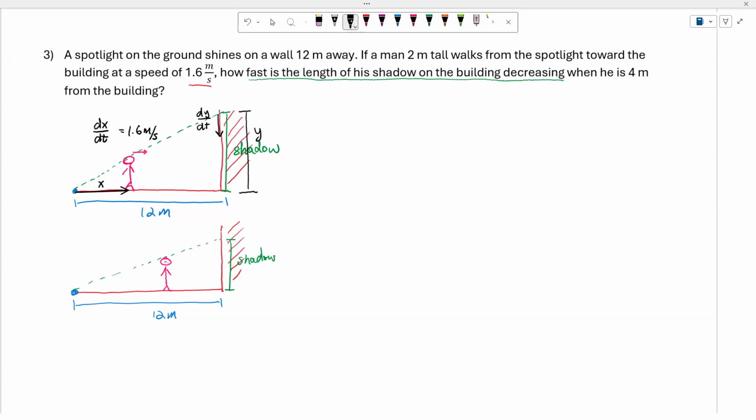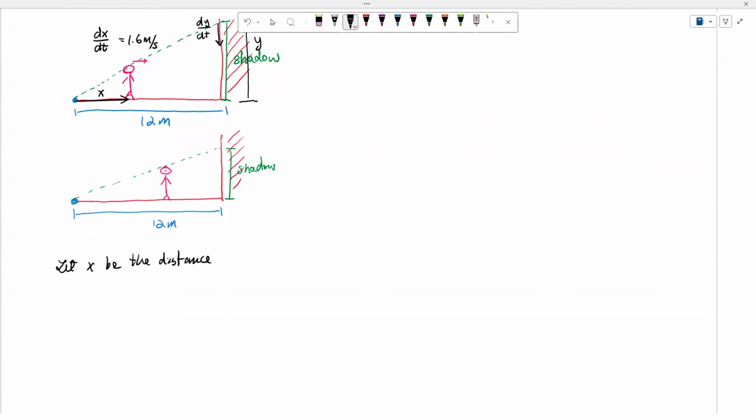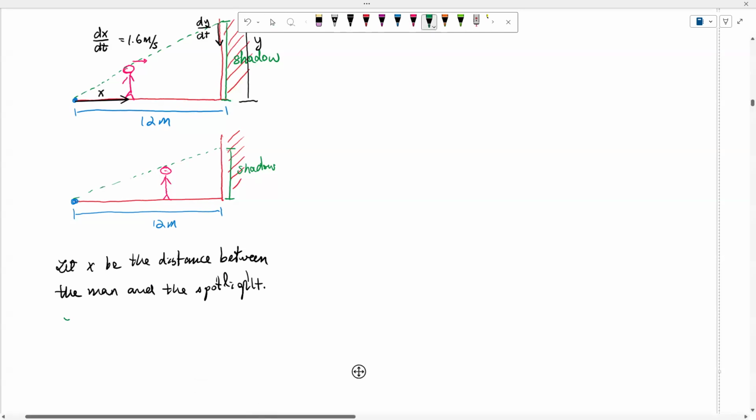So now let us write it down. I would like to let x be the distance between the man and the spotlight, and let y be the height of the shadow.